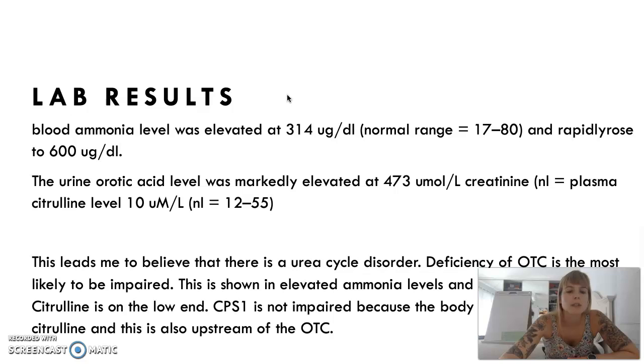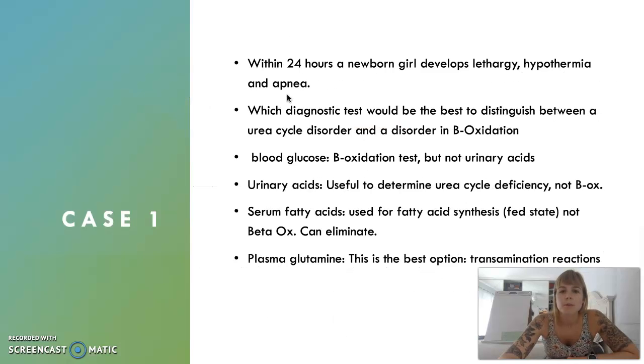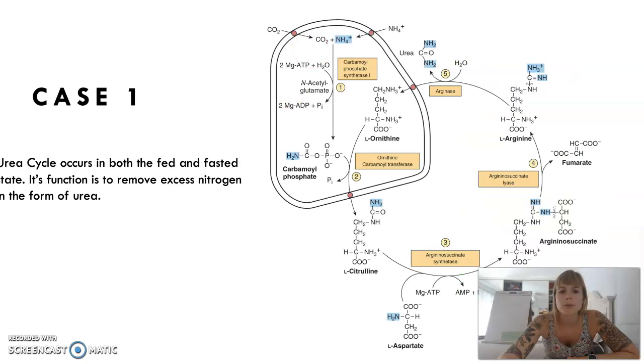And the citrulline is on the low end, which leads me to believe that CPS1 is not impaired because the body is still producing citrulline here. So ornithine carbamyl transferase is the enzyme that I'm thinking is the impaired enzyme. And that's because it's accumulating orotic acid, and it's also accumulating ammonia instead of expelling it.